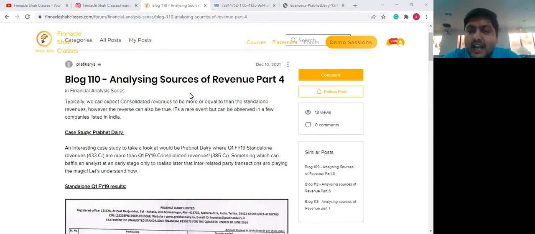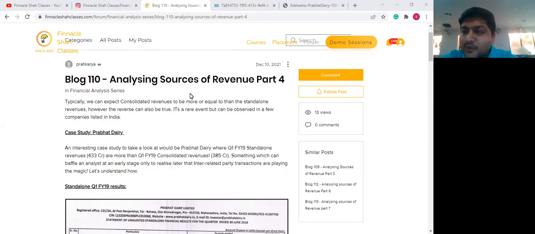I'm Shailesh, and I will be continuing our discussion around analysis of various sources of revenue from our previous session 9 discussion. In session 9, we talked about how to analyze standalone revenues, consolidated revenues, and how to understand different revenue activities of entities within the umbrella of consolidation, which a company is doing.